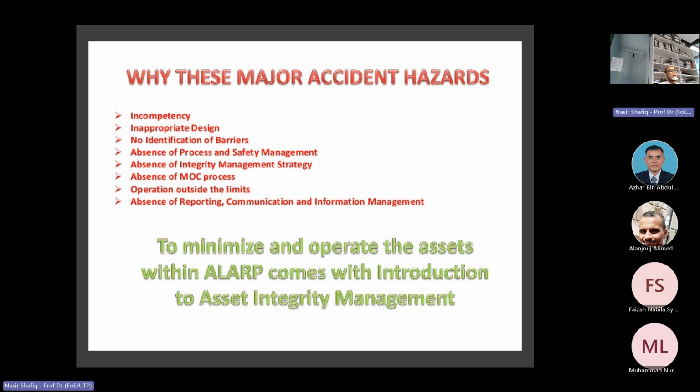Now we will see the reason why these major accident hazards happen. Incompetency. As I said, for example, on this plant, a BE in Mechanical, Bachelor of Engineering in Mechanical, is the basic requirement.